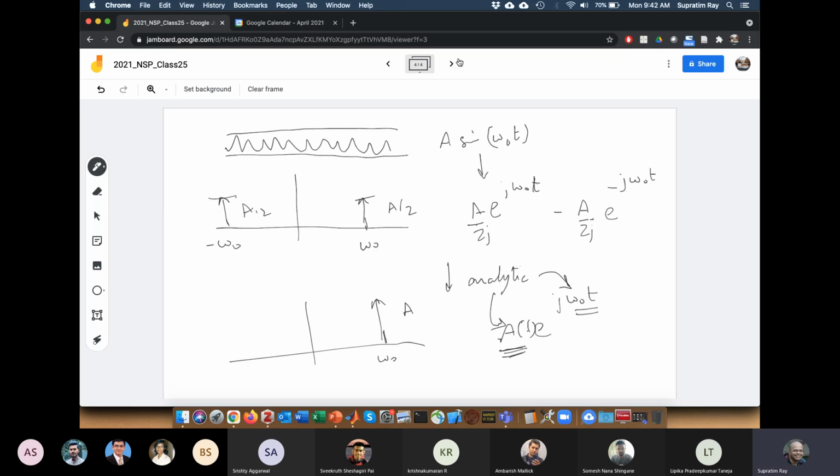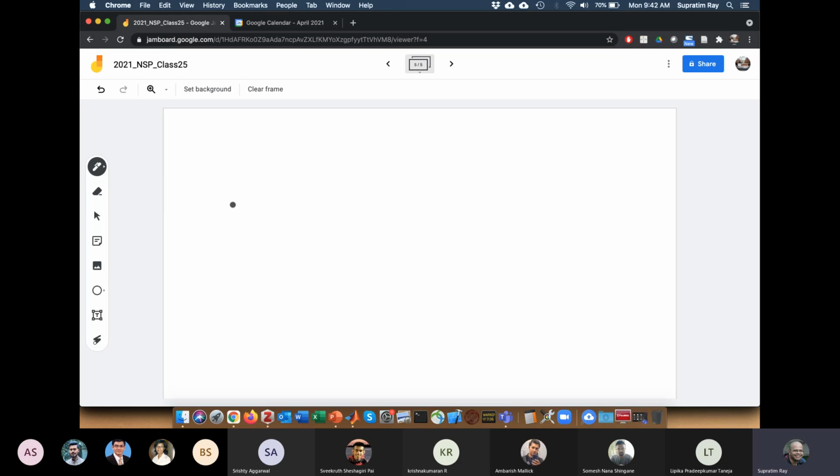So the trick is that once I give a signal x(t), I compute its analytic signal, and this signal is a complex function which can be written as a complex amplitude A(t) e to the power complex phase phi(t), both as a function of time.